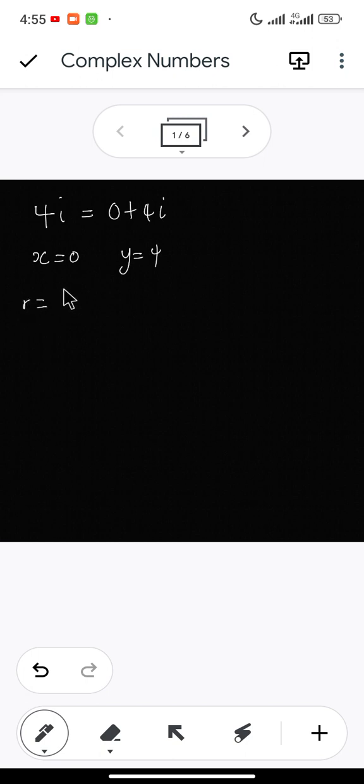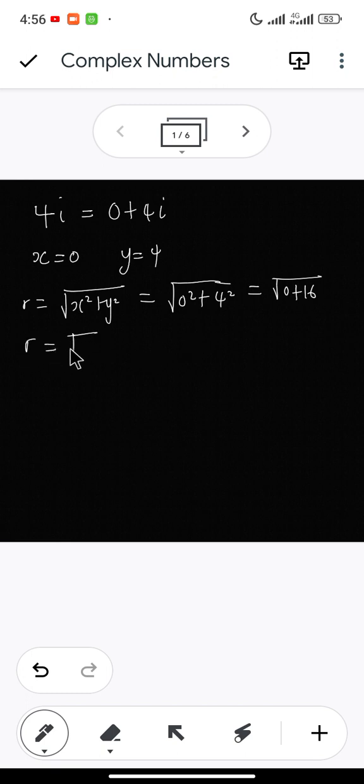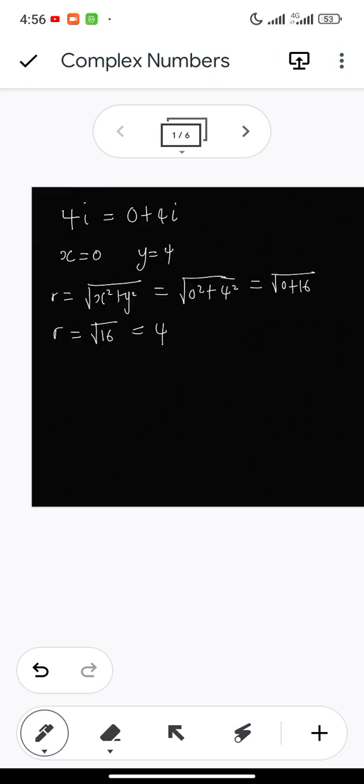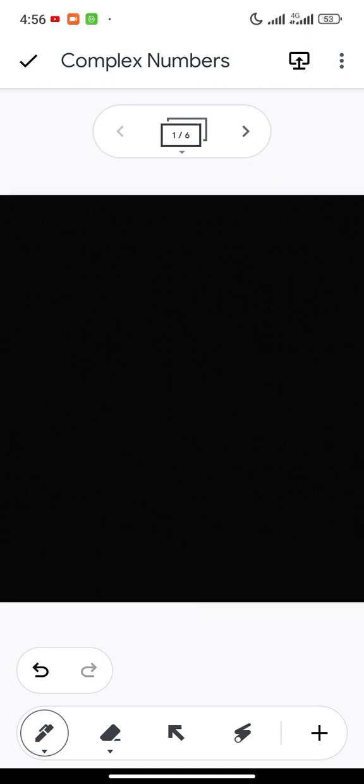We say let r be equal to the square root of x squared plus y squared. This gives you the square root of 0 squared plus 4 squared. This gives you the square root of 0 plus 16. r is equal to the square root of 16 and r is equal to 4. Very straightforward. Now we go over to the argument part of it.